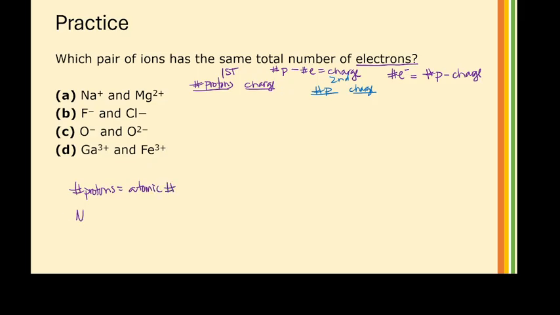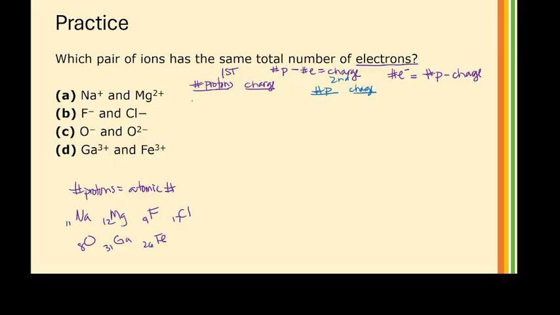So let's look up. Sodium is 11, magnesium is 12, fluorine is 9, chlorine is 17, oxygen is 8, gallium is 31, and iron is 26.